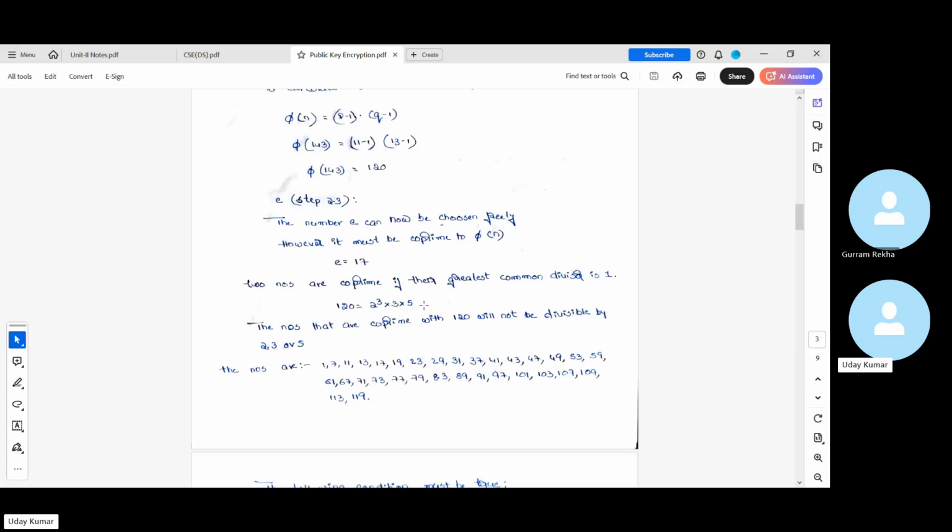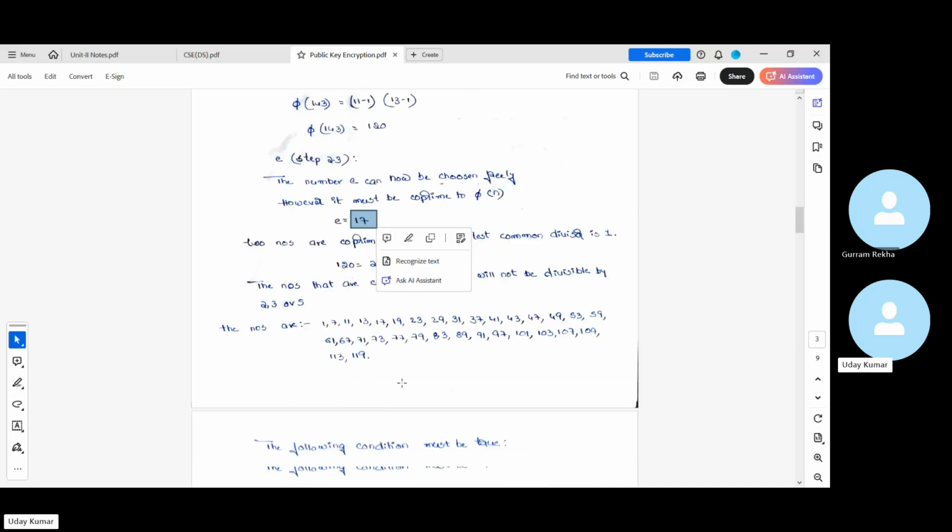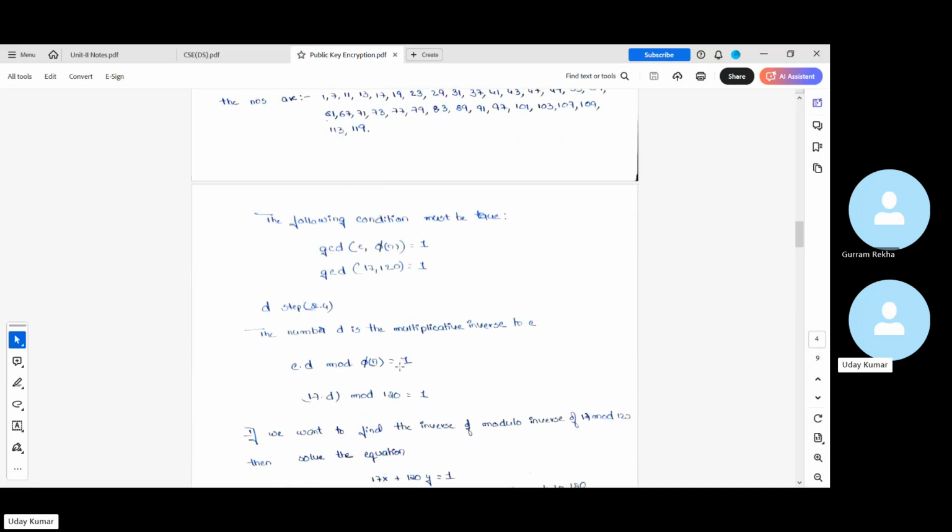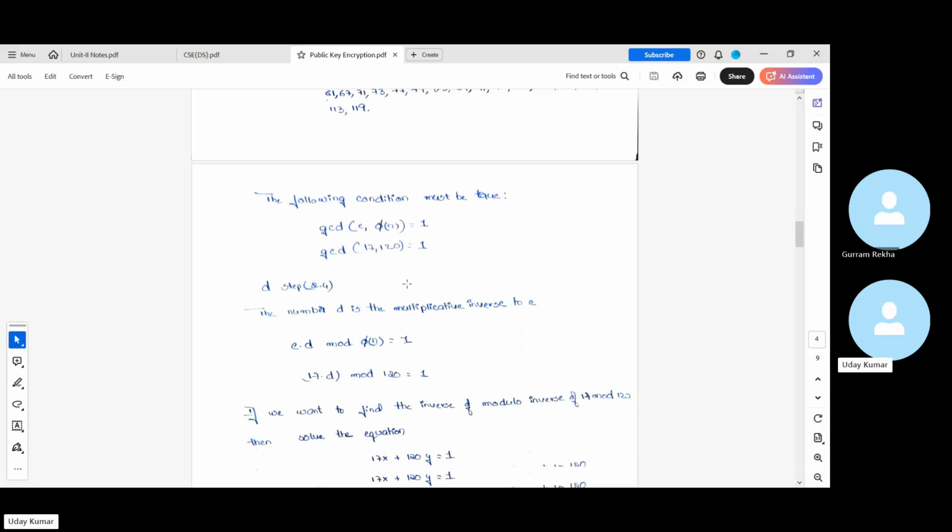Representing 120 as 2 power 3 into 3 into 5, the numbers that are co-prime with 120 will not be divisible by 2, 3, or 5. Out of these, we are choosing 17. You can choose any number. Next, the following condition must be met: GCD of e comma phi of n equals 1. That is, GCD of 17 comma 120 is 1.